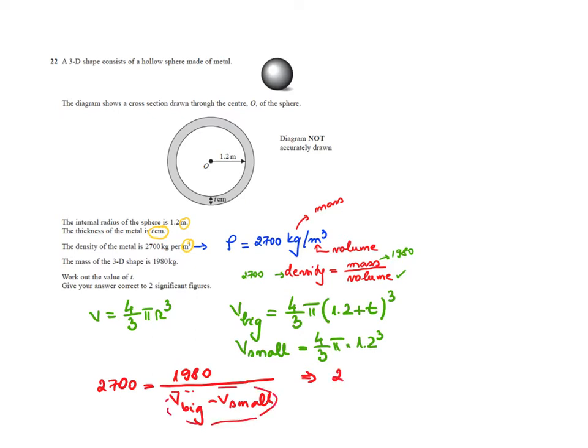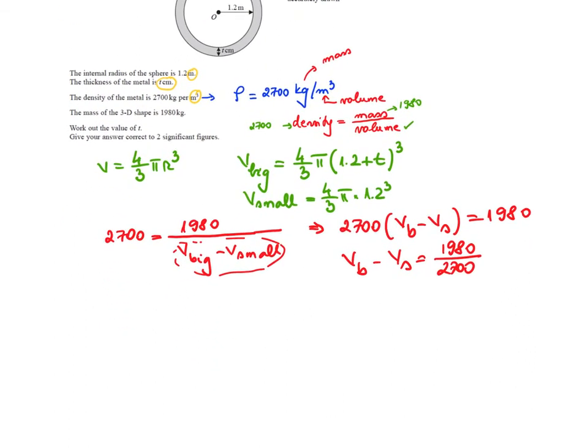So I have 2,700 times volume big minus volume small, or outside and inside, is 1980. So volume big minus the volume small is 1980 over 2700. Now that's an equation I need to solve.